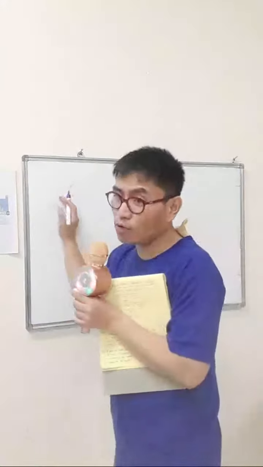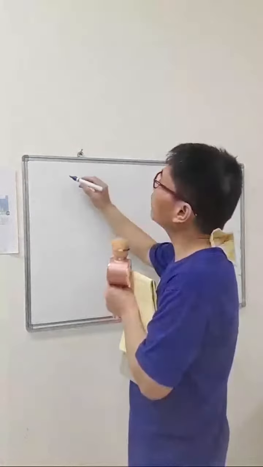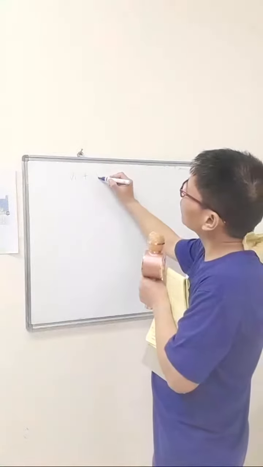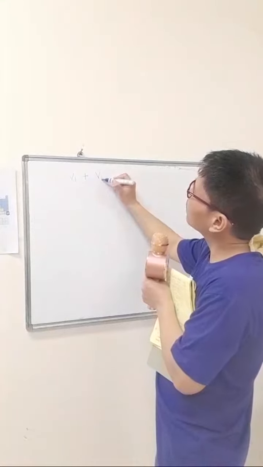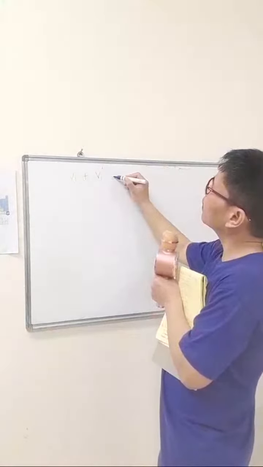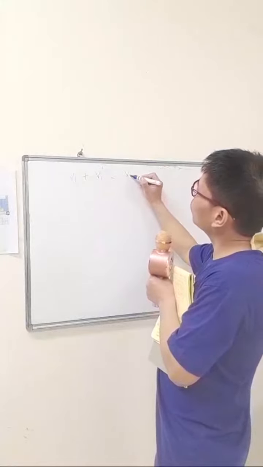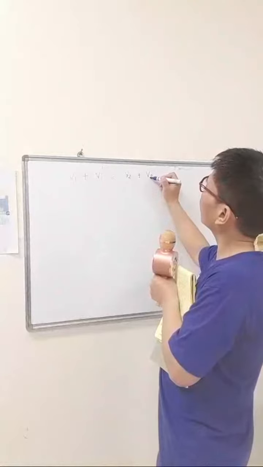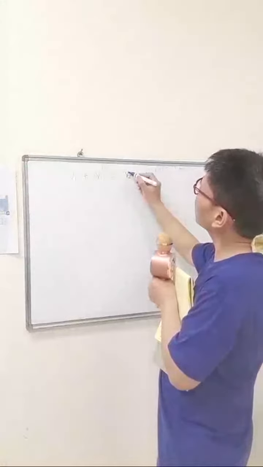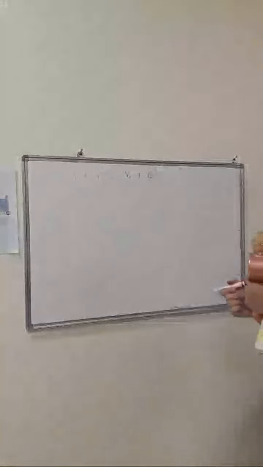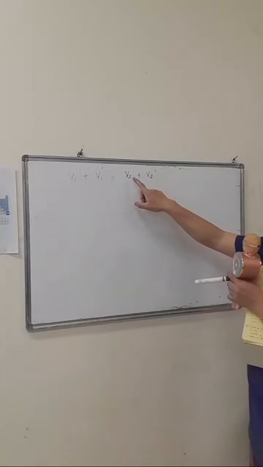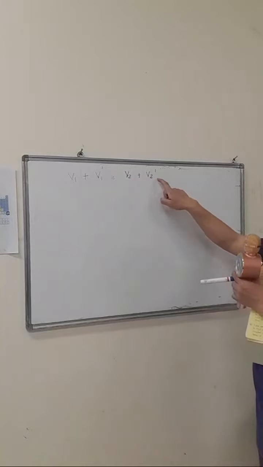If you have two objects moving, it's going to be v1, the initial velocity of object 1, plus the final velocity of object 1, is equal to the initial velocity of object 2 plus the final velocity of object 2.